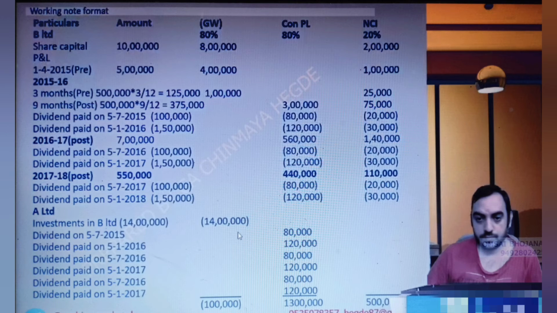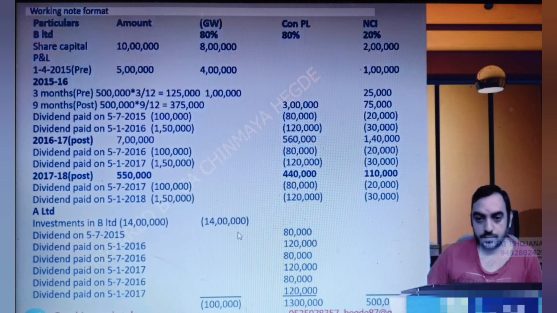So what are the different amounts we have got on the balance? Okay, let's do it.